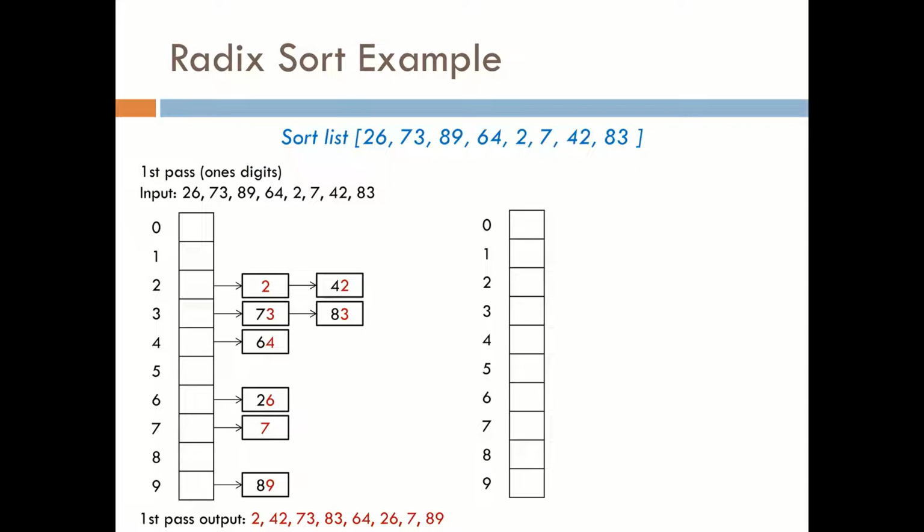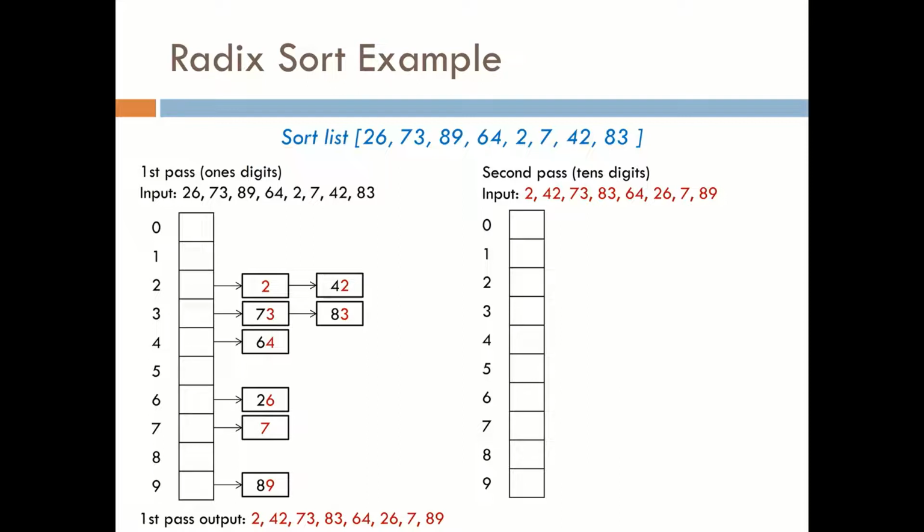And that output, as I mentioned, becomes the input to the second pass. So the second pass, we're going to sort by the tens digit. And if you notice, the input to the second pass is the same as the output of the first pass.